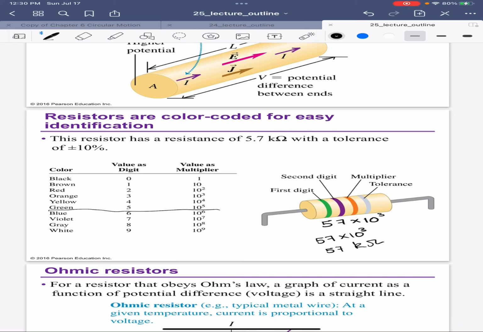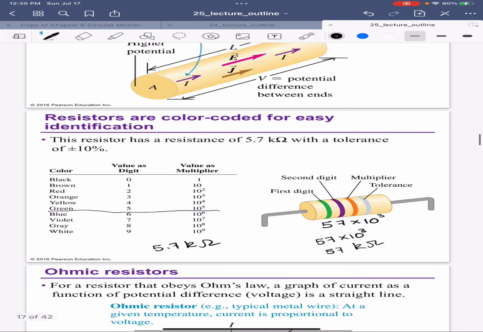I am considering this to be orange. If it is yellow, then 57, 10 to the 4, then it's going to be 5.7 kilo ohm, but I can see it orange anyway. And for the tolerance, it is silver. It's not listed here, and it is 10%.